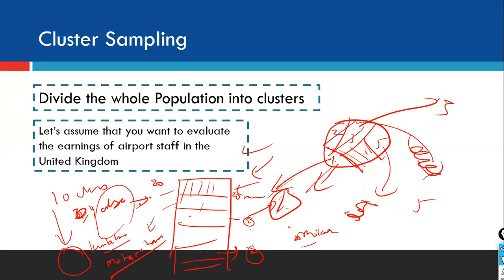So you will get their feedback, and you don't have to run a survey with all the 20 floors. It's time consuming and you need more staff. Instead, you cluster it: 1, 3, 5 floors. So that is your cluster sampling.